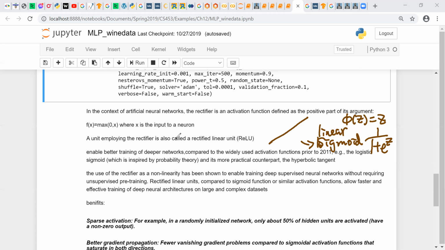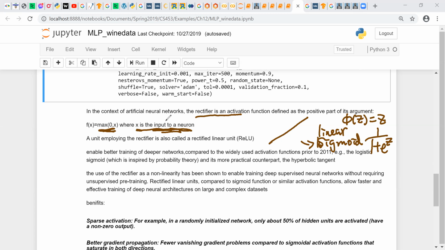And now we have the concept called rectify. Rectify is basically just this function, and X is the input to the neuron. Be careful, input to the neuron doesn't mean it's the input sample.